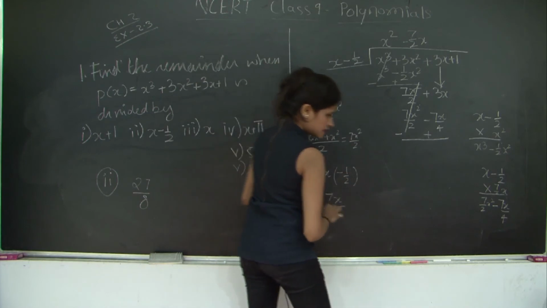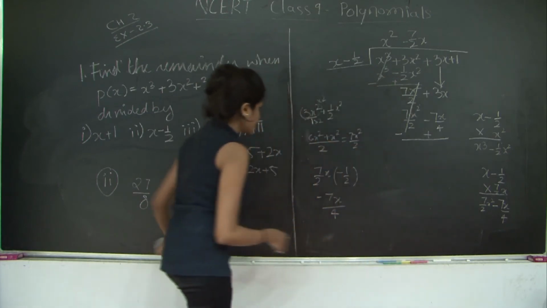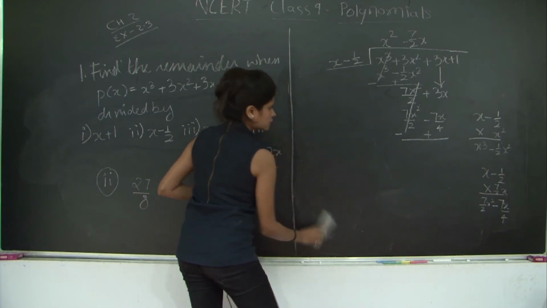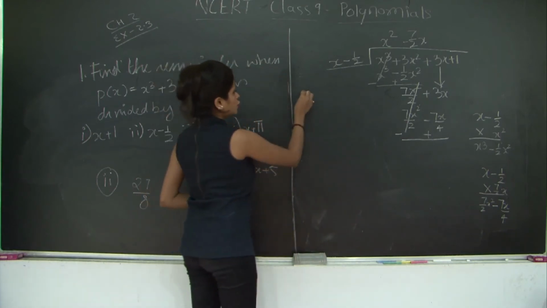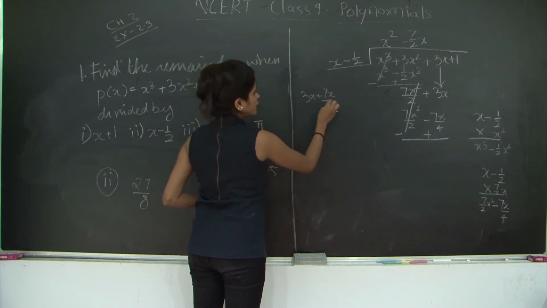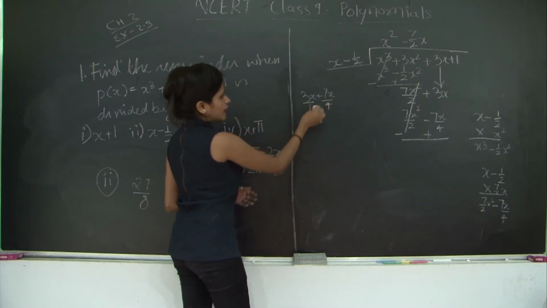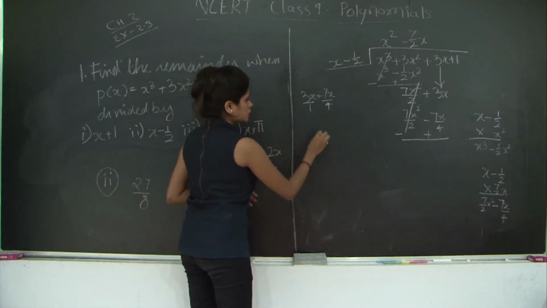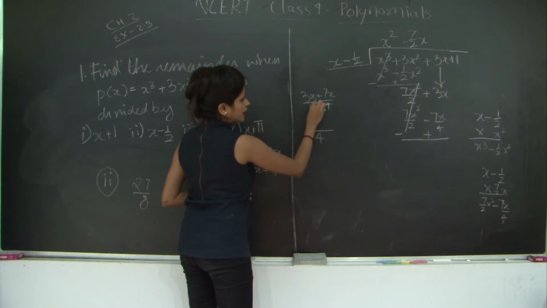Now adding these two terms, where do I do it? Okay, there is place, but it will get messy, so let me just erase this part for now. So 3x plus 7x upon 4. This is nothing but 3x upon 1. LCM of 1 and 4 is 4. So I am going to multiply the denominator and numerator by 4.